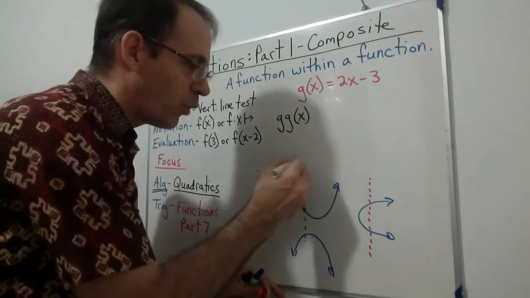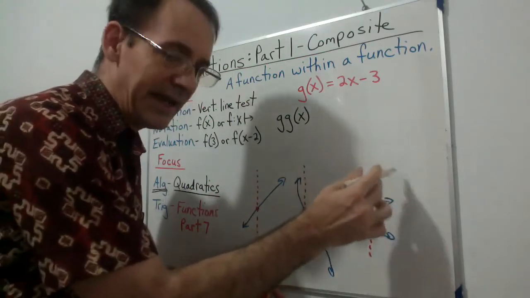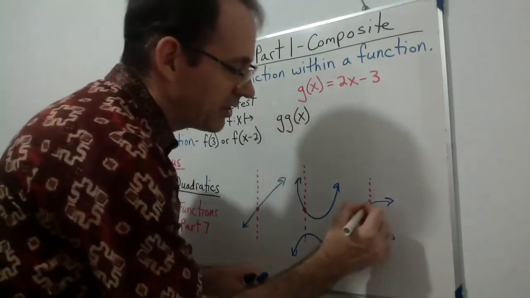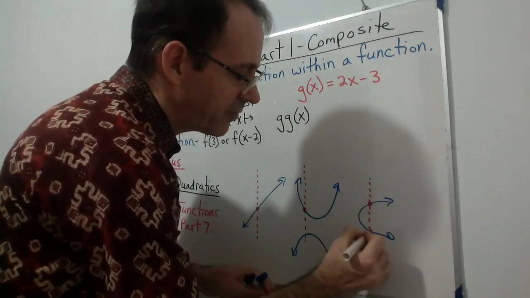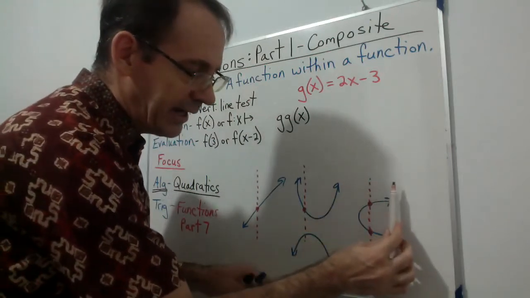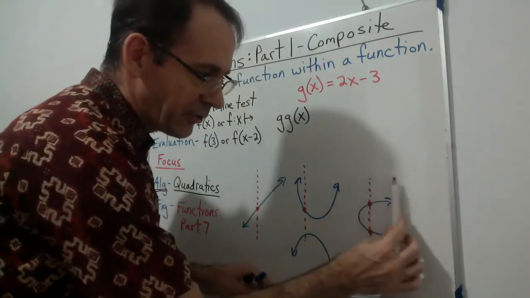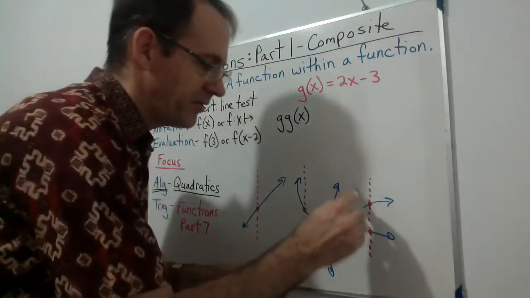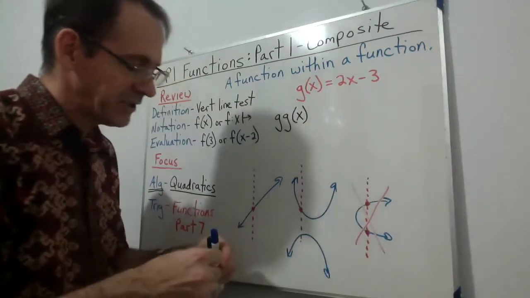So instead of y equals x squared, this would be an x equals y squared type equation. As you can see, it fails the vertical line test because as you move your vertical line across your graph, it touches in more than one place. So this is not a function.